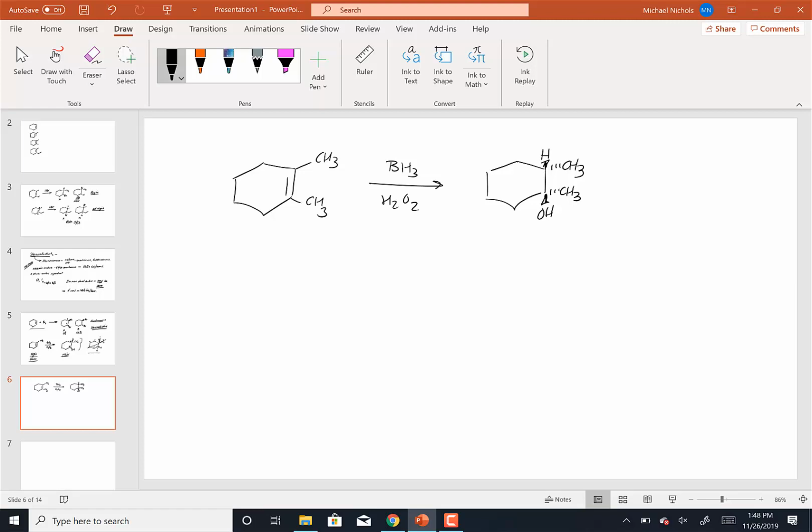Does that product have two chiral centers? This one does. So since this has two chiral centers, did BH3, H2O2 add 100% cis? Yes. Did I produce a product with two chiral centers? Yes.